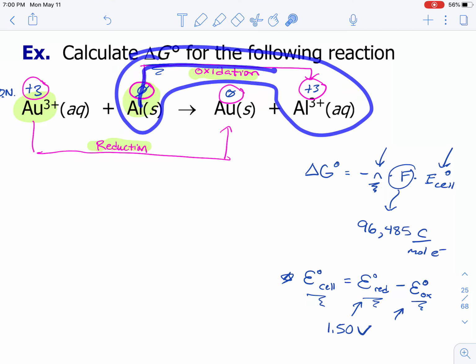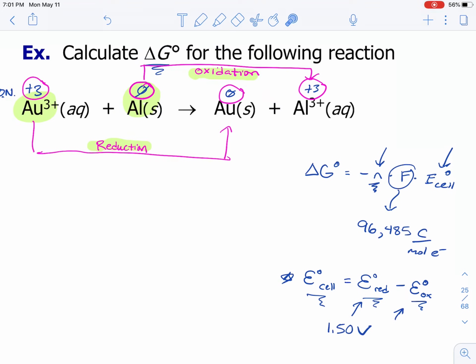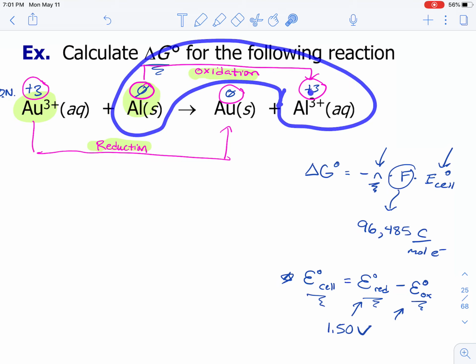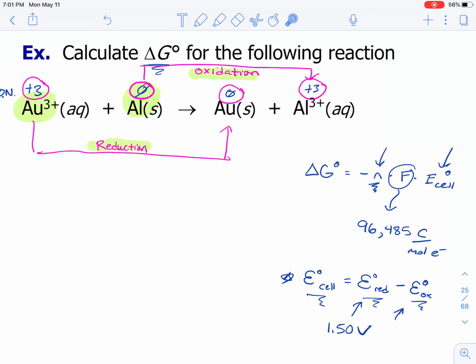So instead of looking at it this way, when I'm looking for my standard reduction potential in my reference chart, I'm going to look at it this way. So I'm going to search for aluminum 3 plus.